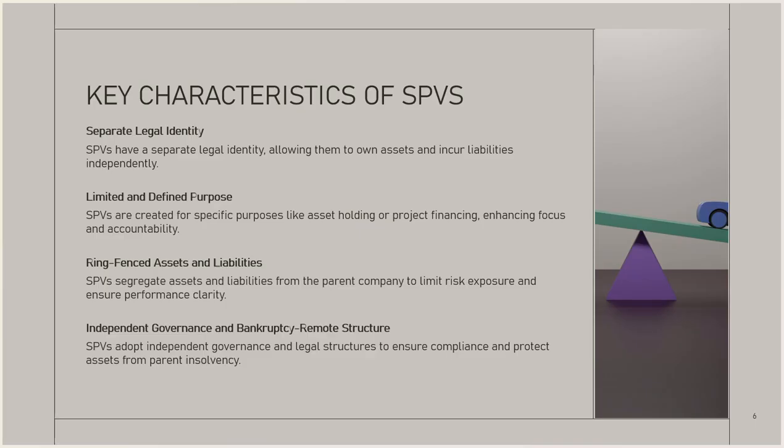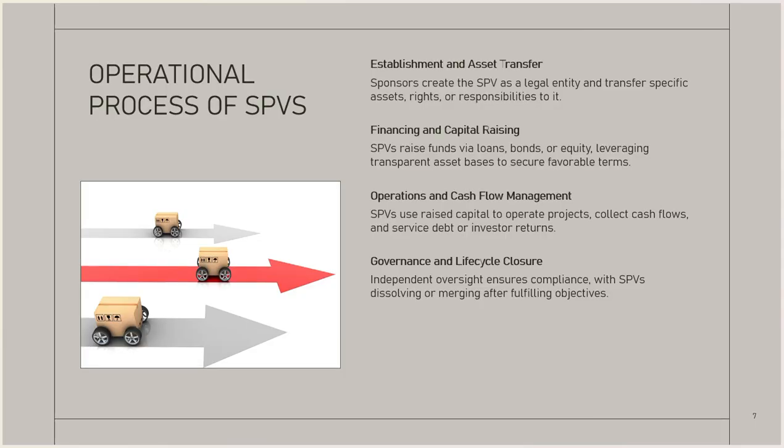The special purpose vehicle independently handles governance and legal structure, ensures compliance, and manages project assets. It is an independent entity run by the sponsor to support project finance or holding finance, enhancing accountability and stability.